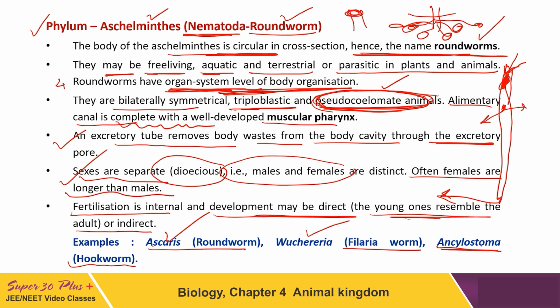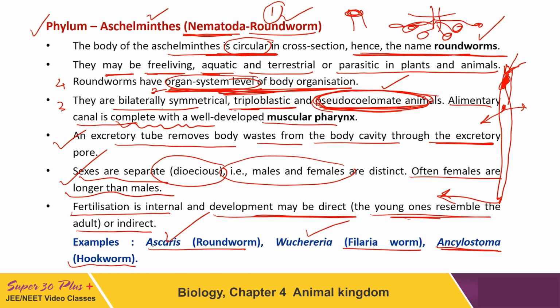Aschelminthes, come on, point number one, very important from the examination point of view. This is roundworm, also known as nematode. The body is circular. Point number two, free living, all these things I told you, and they have organ system level of body organization. Bilateral symmetry is there.